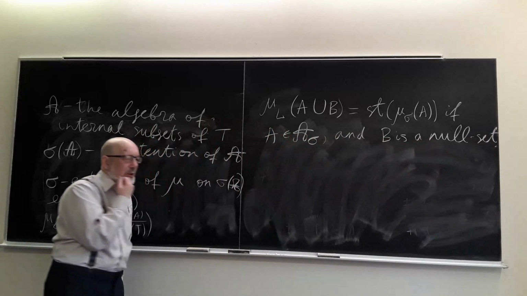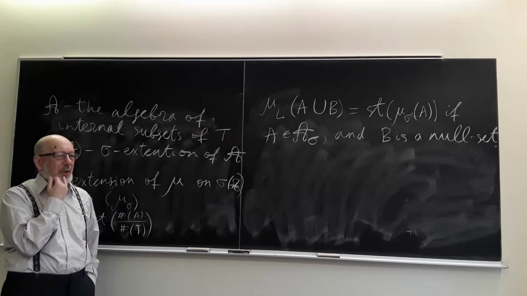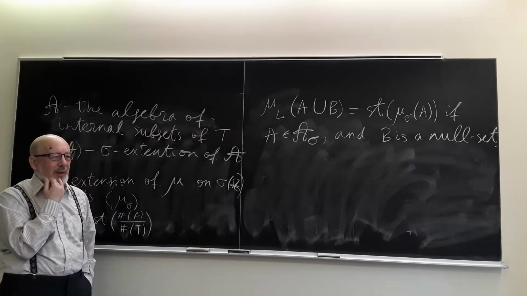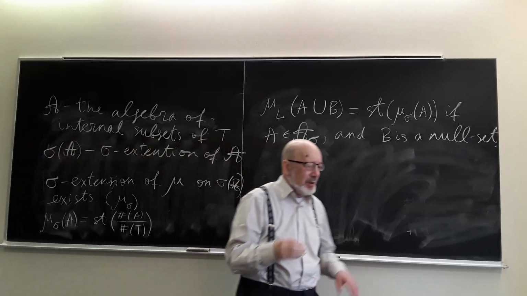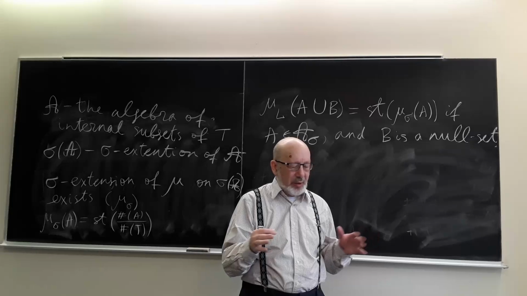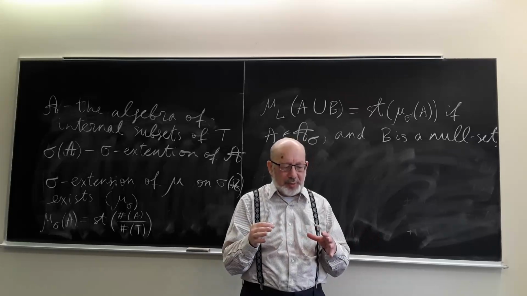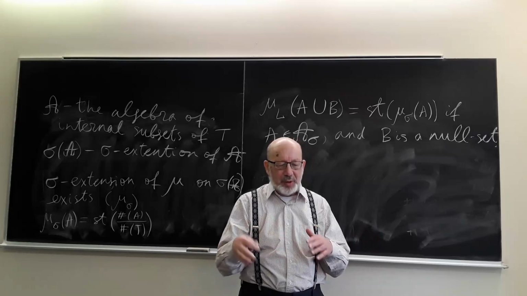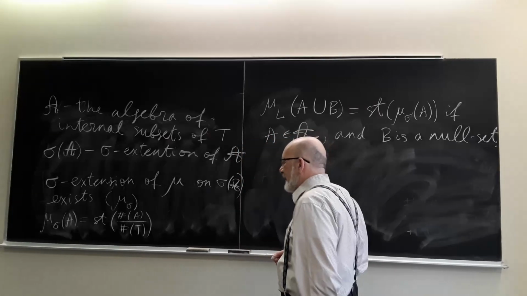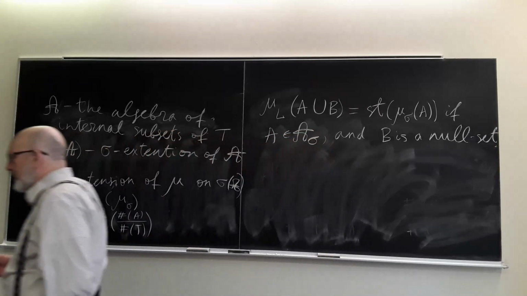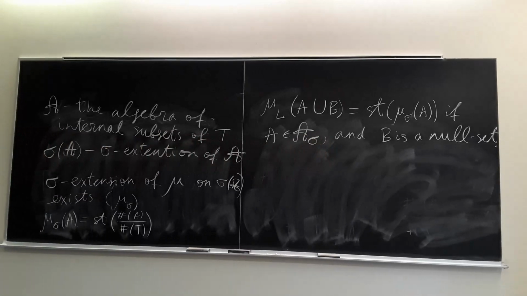And this way we define a complete algebra, a complete measure. So we have an algebra such that together with each set it contains the set plus any null set, and a sigma additive measure such that for a null set it is 0.